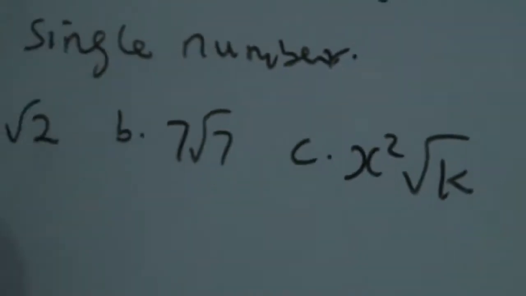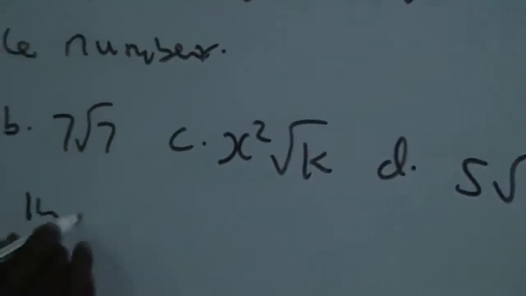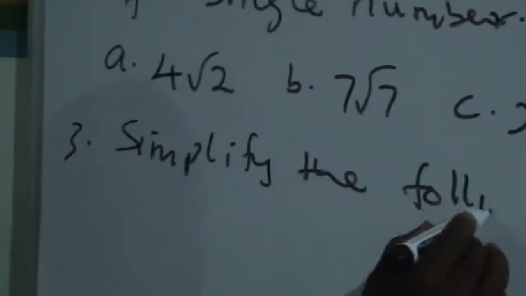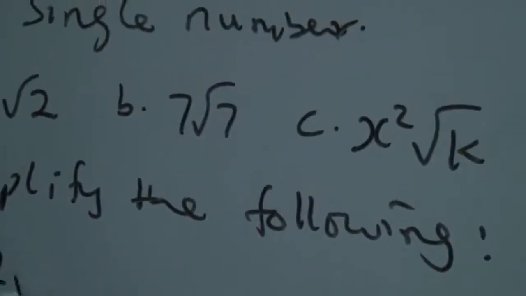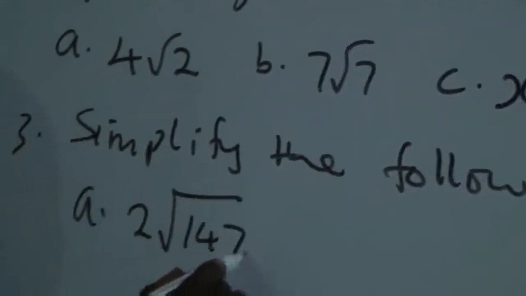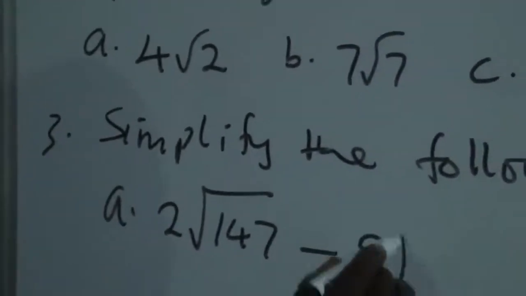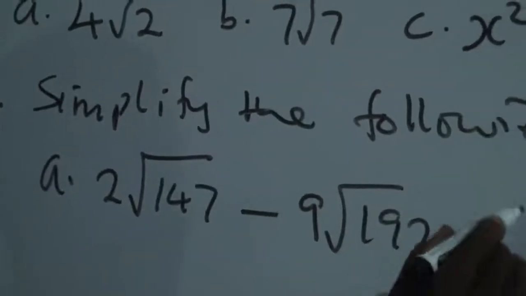And then the third one, you simplify the following. A is 2√147 − 9√192.